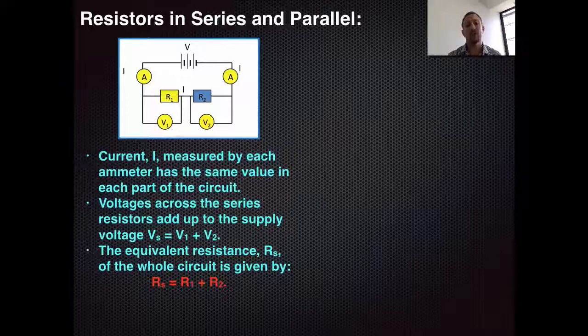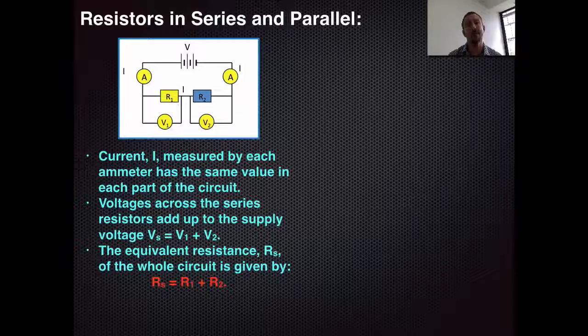What we are trying to do by using this algorithm is work out, if I was going to take these two components and put them into one big resistor, what size would that resistor be? That resistor then controls the flow of the current throughout the circuit. And remember that the voltage across that resistor must equal the voltage coming out from the battery. So that's how a resistor works in series.